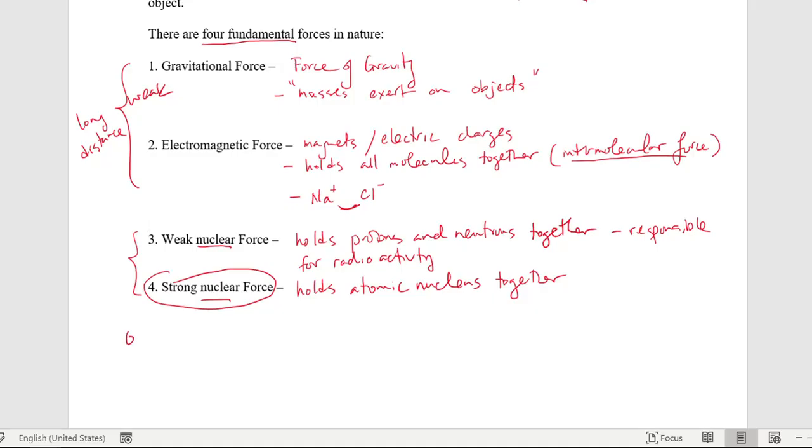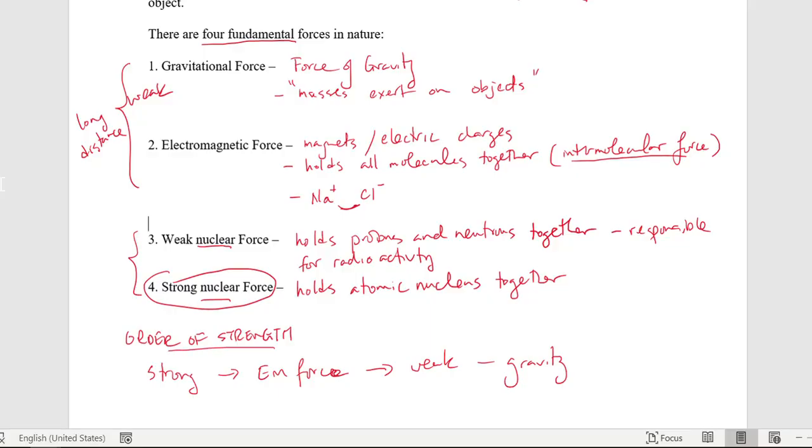So if we want to look at the order of strength, it goes strong nuclear force, then the electromagnetic force, then the weak nuclear force, and finally gravity, which is by far the weakest. All right, so that's the order of strength, and these are the four fundamental forces of nature.